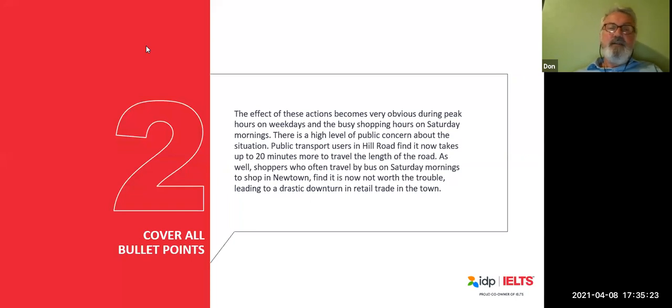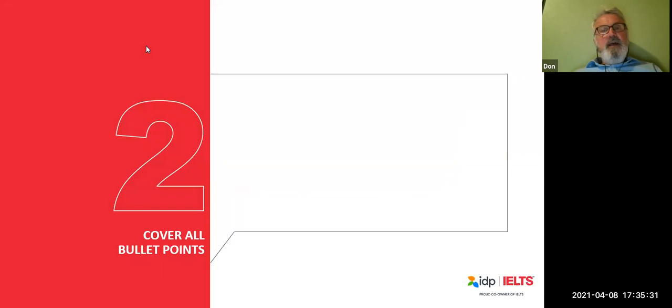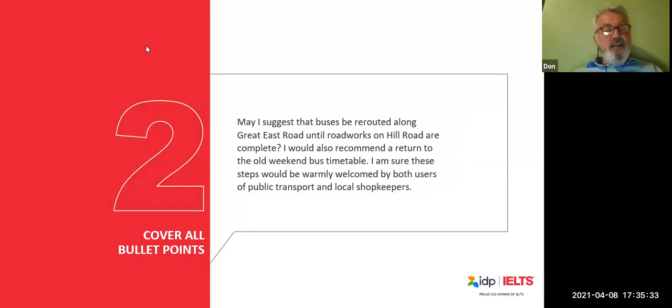So the retail business, the shops are losing money. 2 problems, 2 effects. And then they continue and they offer a solution. May I suggest rerouting the buses? May I suggest changing the timetable?